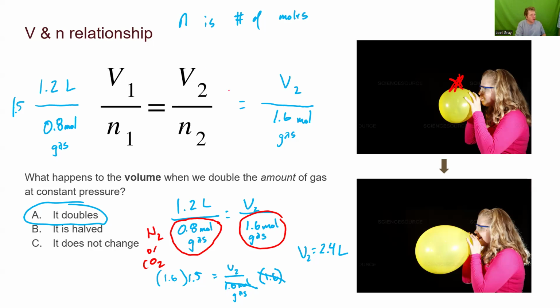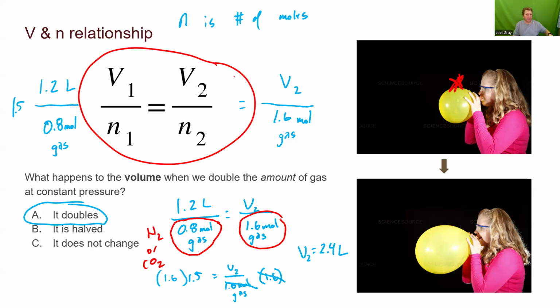So when we are talking about gas laws and relationships that gases have with amounts and volumes and temperatures and pressures, the identity of the gas, and I'm going to write this all over the top and dramatic, does not matter.